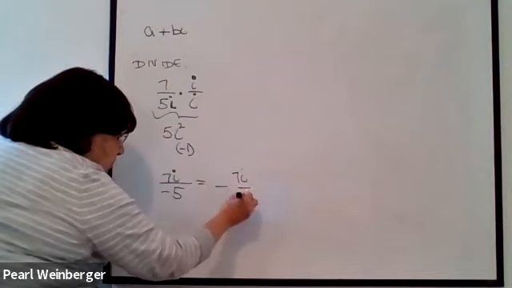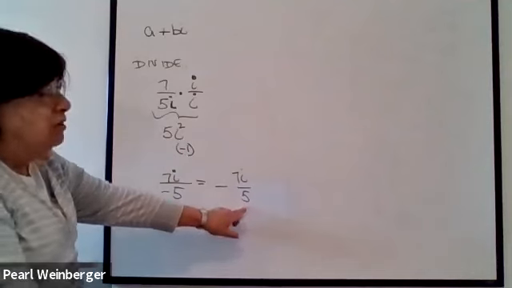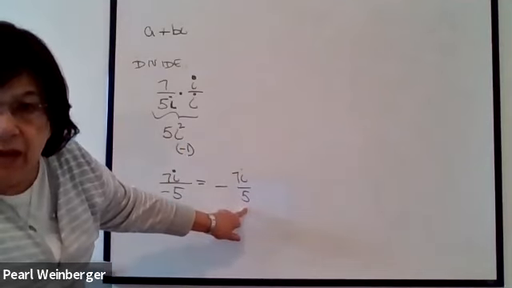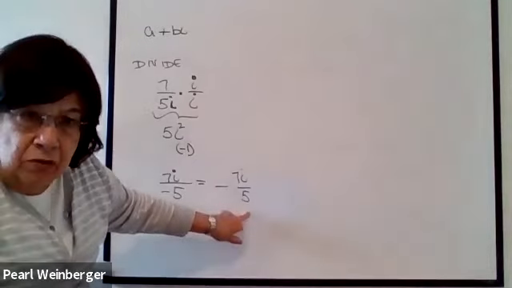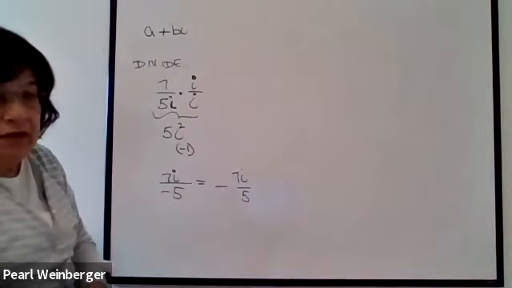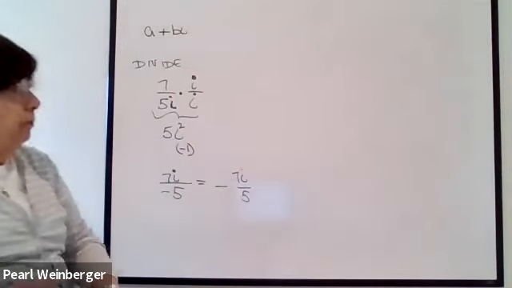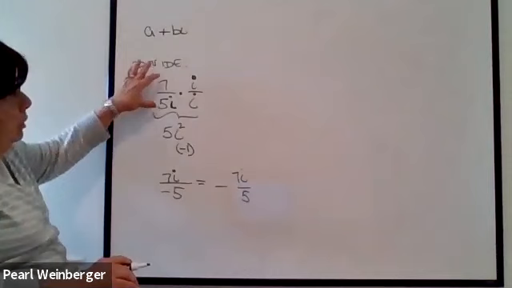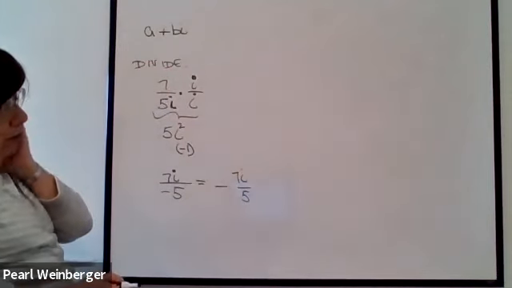It's -7i over 5. And this is what we want as an answer because our denominator is rationalized. There is no radical, no i in that denominator. Okay, that's what we do when we have just an i in the denominator.